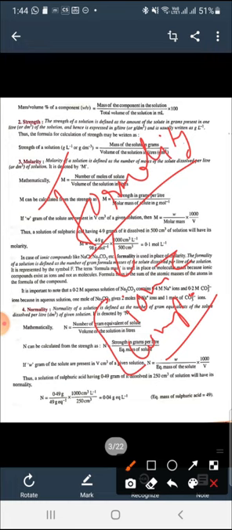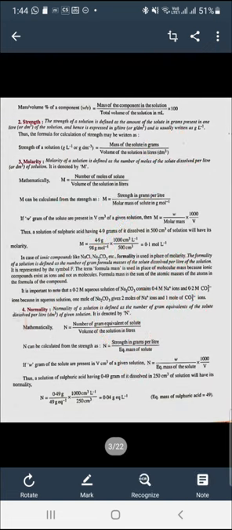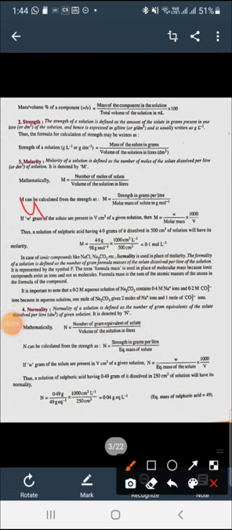There is not much difference between both of the terms. Formality is exactly similar to molarity, but it is used for ions and molarity is used for molecules.